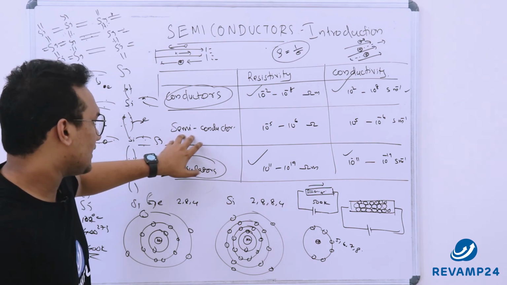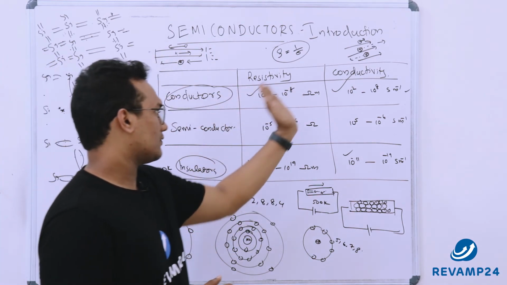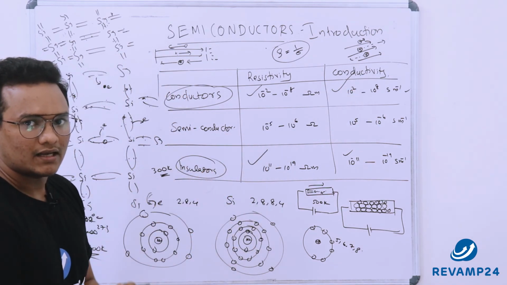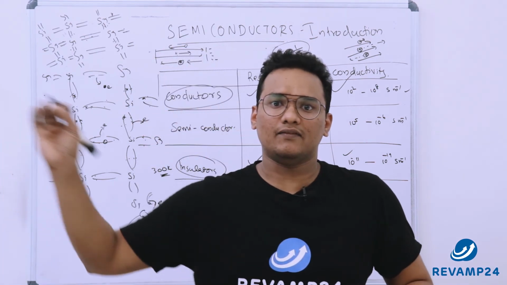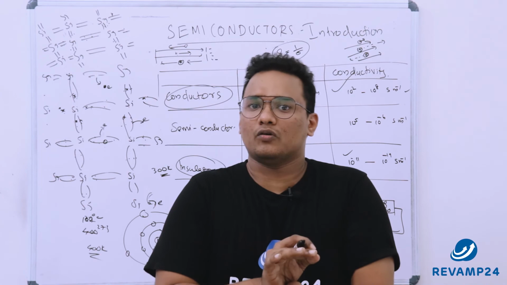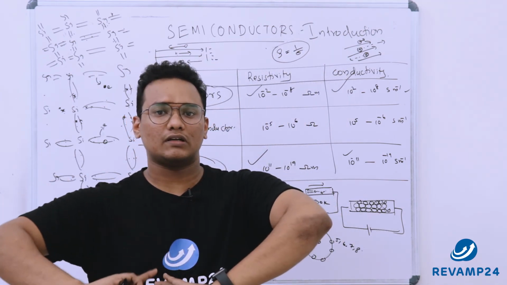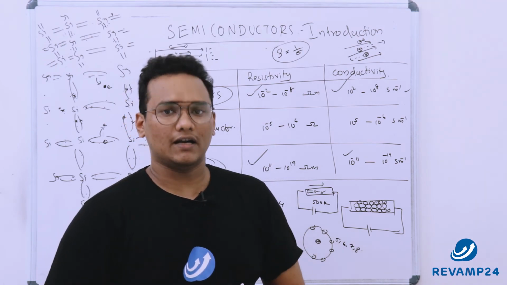So the conductivity and resistivity of semiconductors are purely dependent on temperature. Now the atmospheric temperature is 27 degrees Celsius. Later in the evening it will come down to maybe 25 or 24. At that temperature its conductivity and resistivity would be a completely different value from what it shows at this moment.